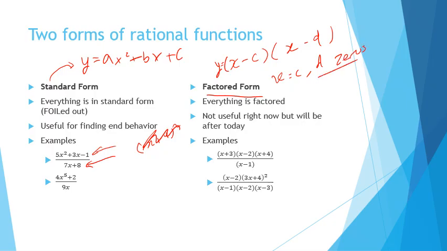And so basically everything is going to be factored, right? Nothing's going to be FOILed out for you. These aren't going to be super useful today, but they will be in like the next 2 or 3 sections, I would say. But it is important that you know maybe how to go from factored form to standard or from standard to factored, and that is just using a lot of the algebra that you hopefully learned in Algebra 2.